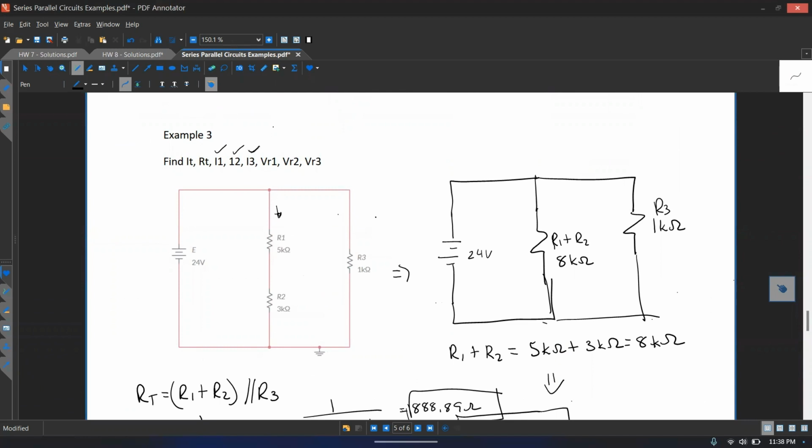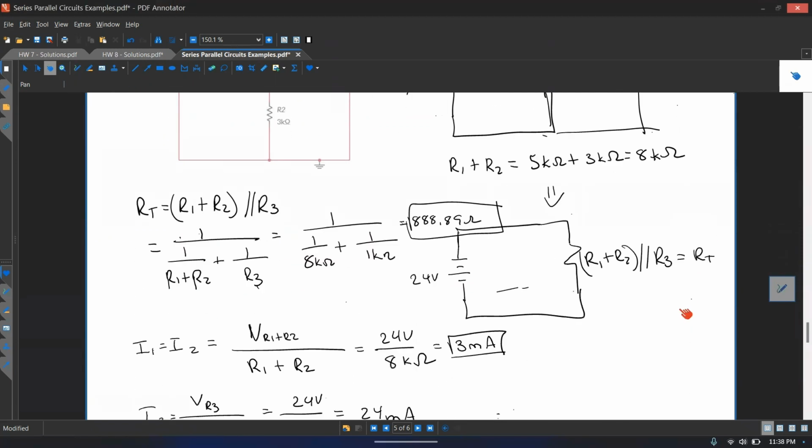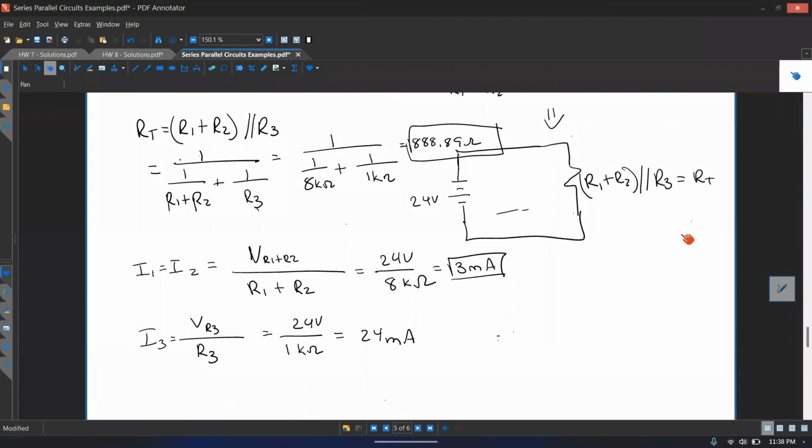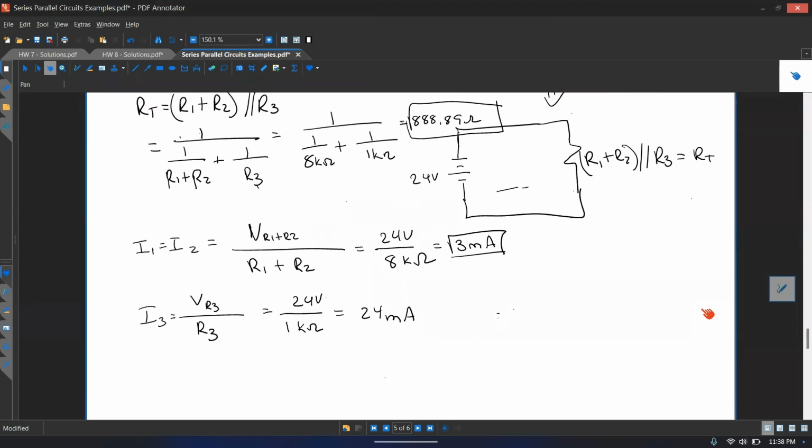So we got this one. Now, we solved for R total. What about I total? Now we didn't use our V, the source voltage divided by R total, like we did before. I want to solve this one going about it a different way.